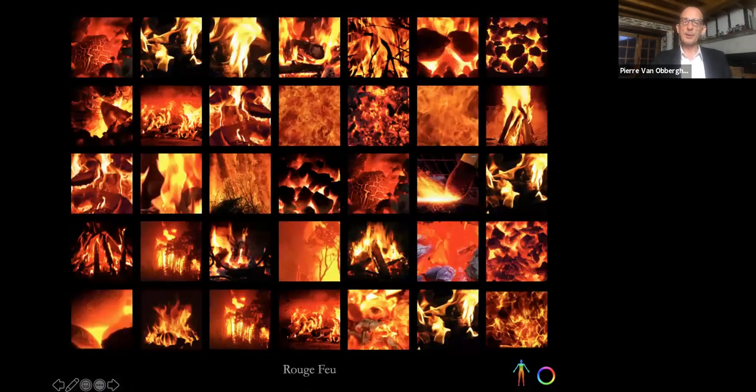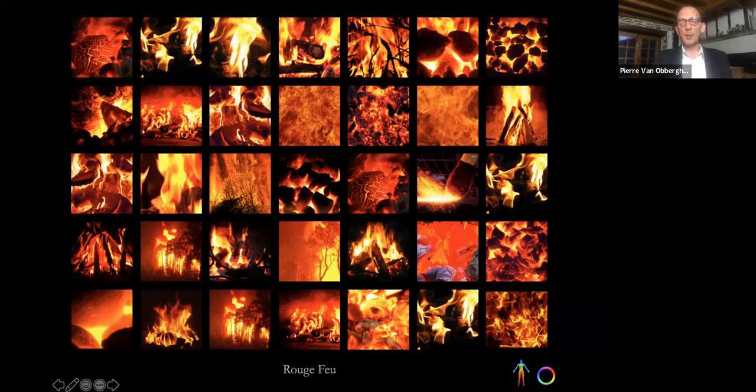The next color we discovered after scarlet was red, and red is related to fire, to heat, and to energy, life, chi, vitality, action, and reproductive sexuality, not romantic sexuality. Romantic sexuality or tantric sexuality is more related to magenta.